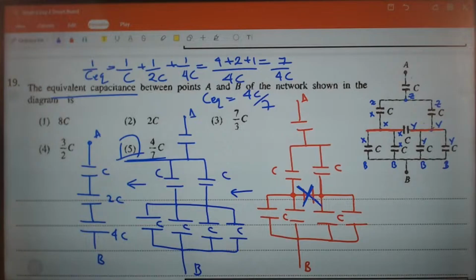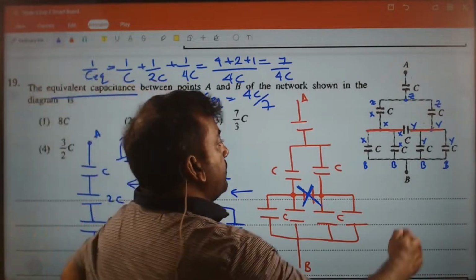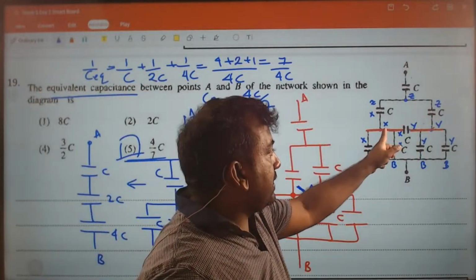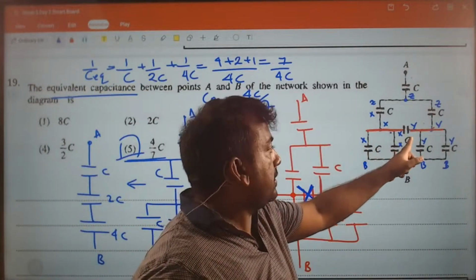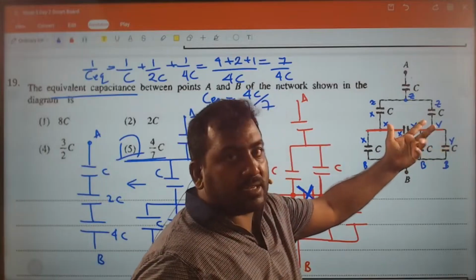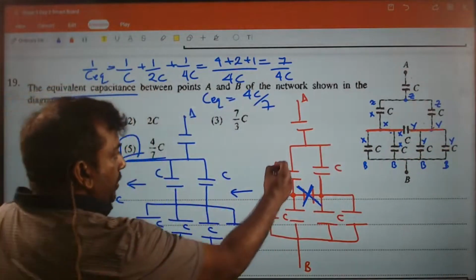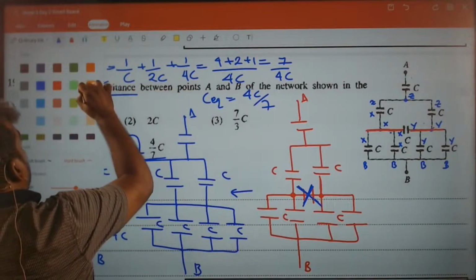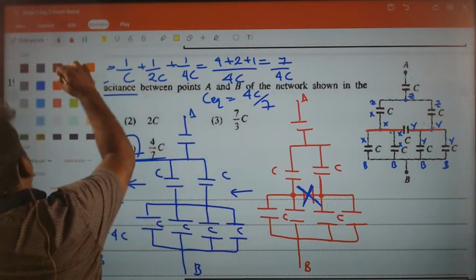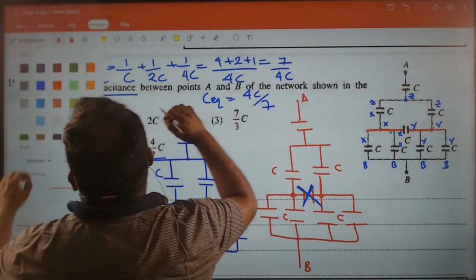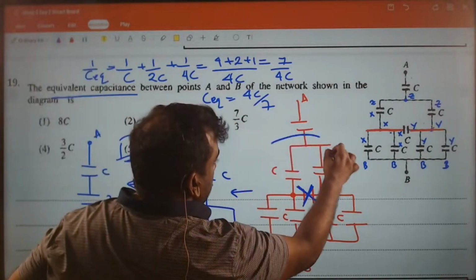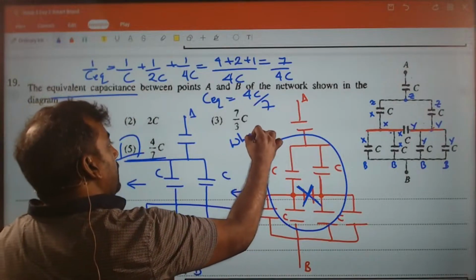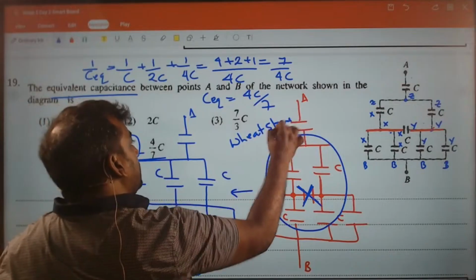We can clearly see a Wheatstone bridge created. Now why can I connect this here? The non-resistance, same potential. Why can I connect this there? Same potential. So this branch here, or even better, this branch here, Wheatstone bridge.